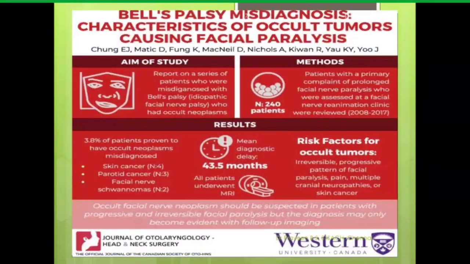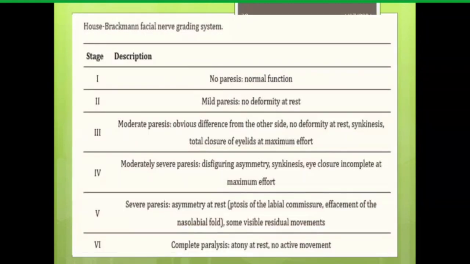However, some published articles have shown that Bell's palsy is misdiagnosed many times, where the involvement or pathology of carcinoma is neglected in many studies. So that is a very clear version which is being given.